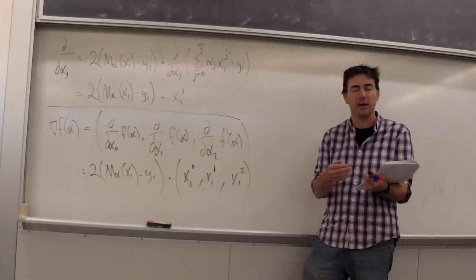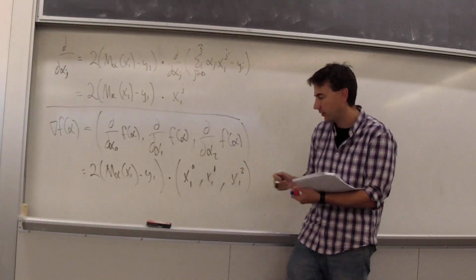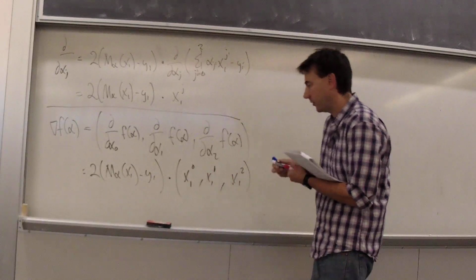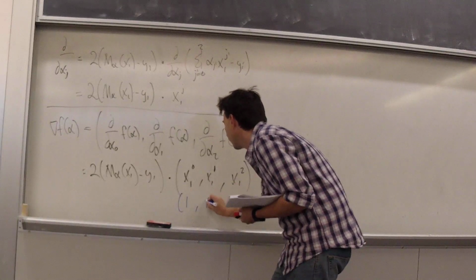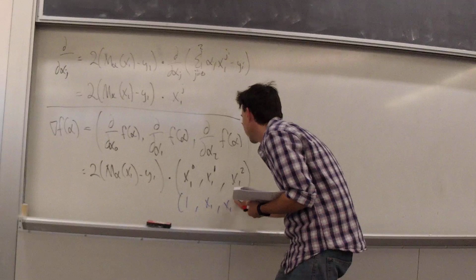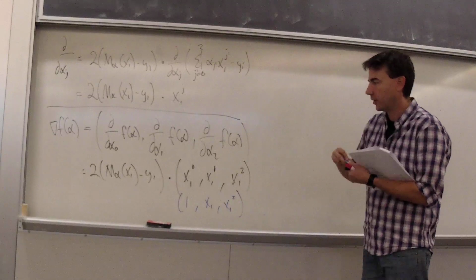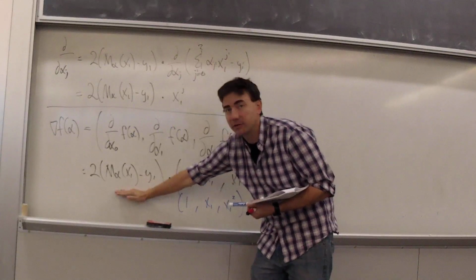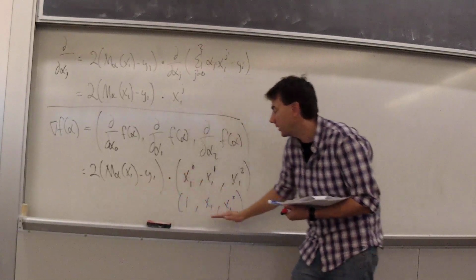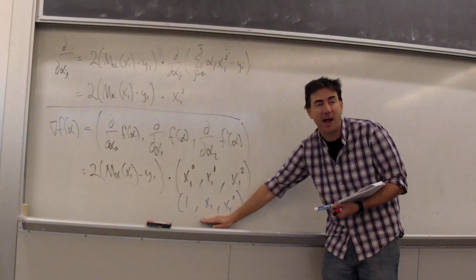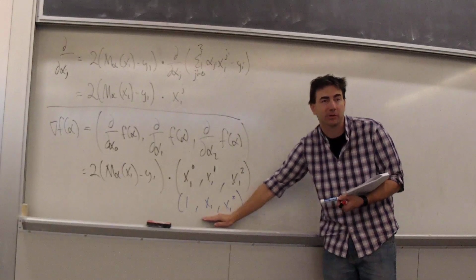After they have been linearized, this term is actually 1, x1, and x1 squared, right? So I have to calculate the actual error I get at this data point once, and then I multiply it by basically the actual coordinates of the data point, which are fixed.